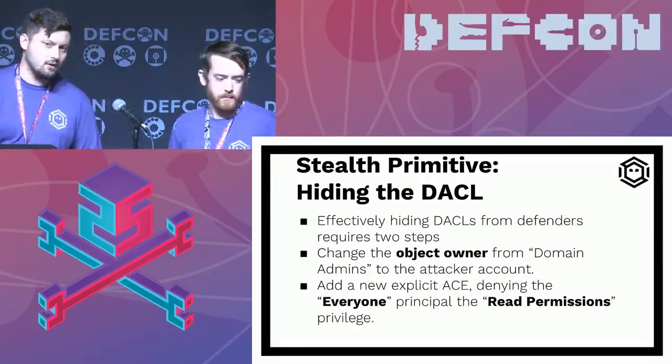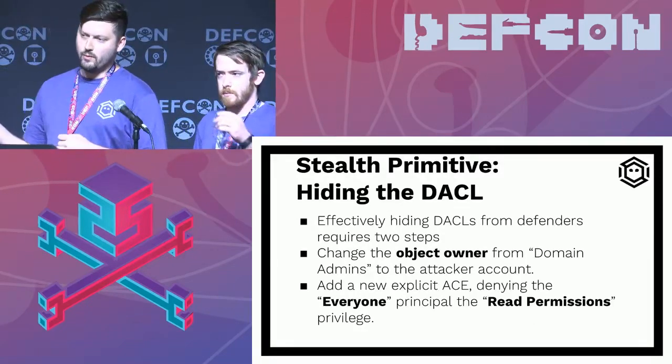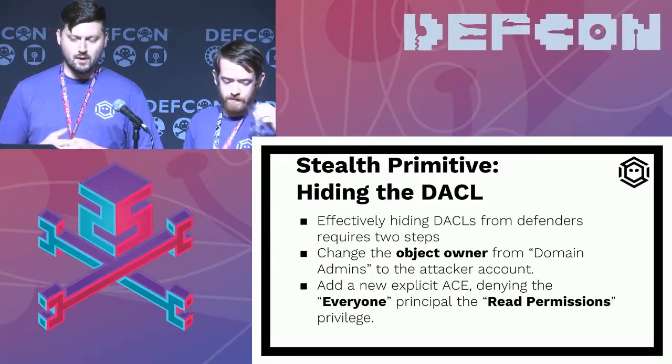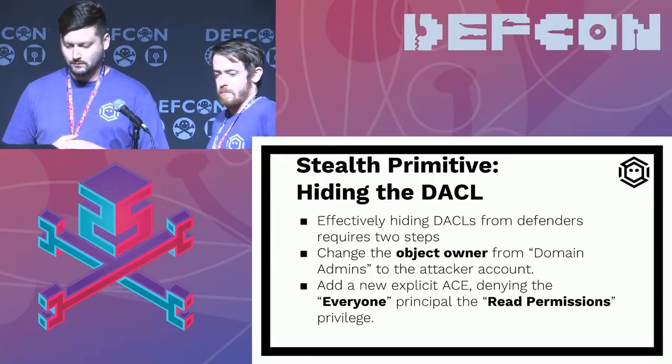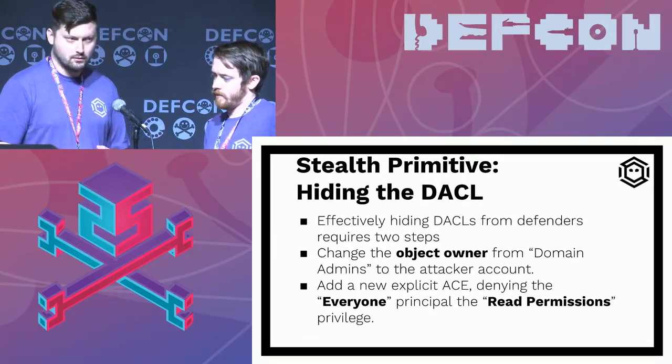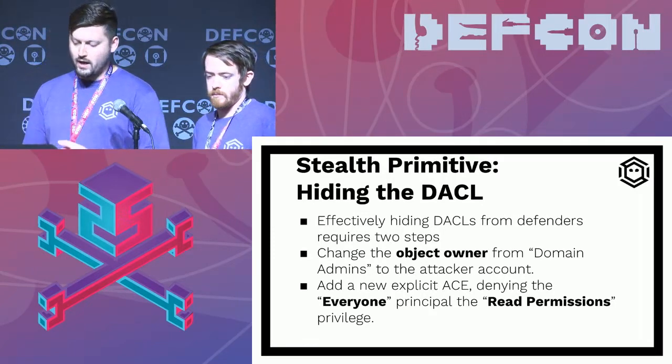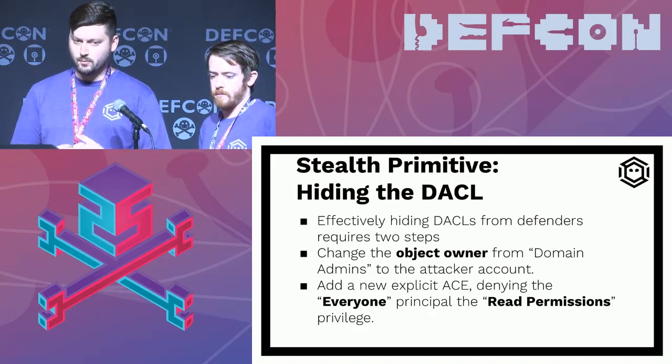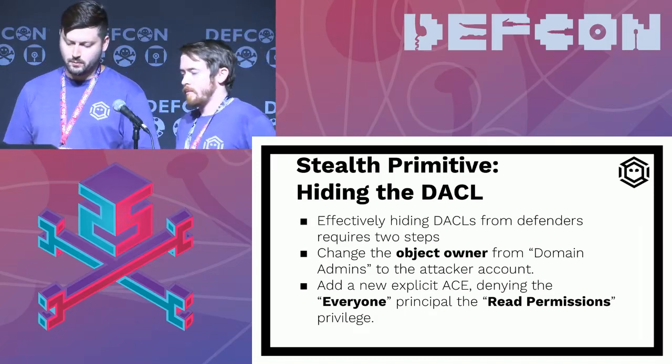So how can we hide the DACL? I just showed you with Bloodhound how we can audit the DACLs, but what if I don't want you to be able to audit the DACL as a defender? This requires 2 steps. I change the object owner for the object I'm backdooring away from the domain admins to another principal that I control, or the principal itself.